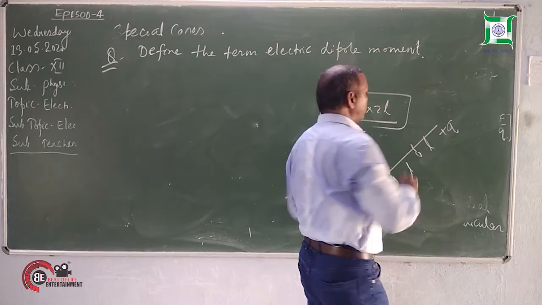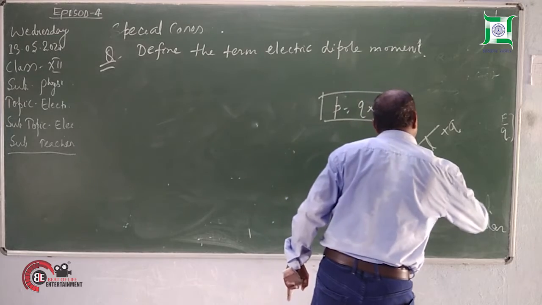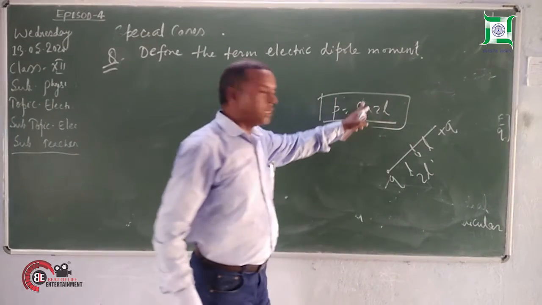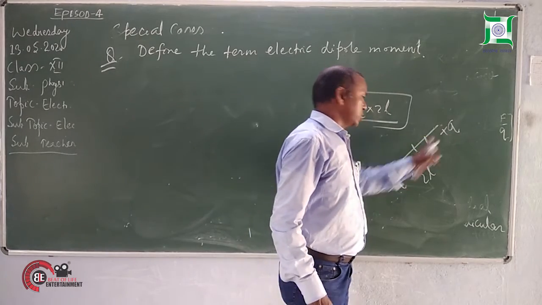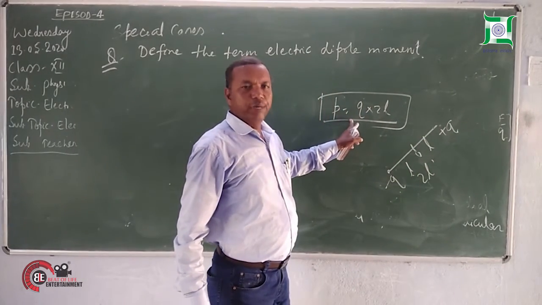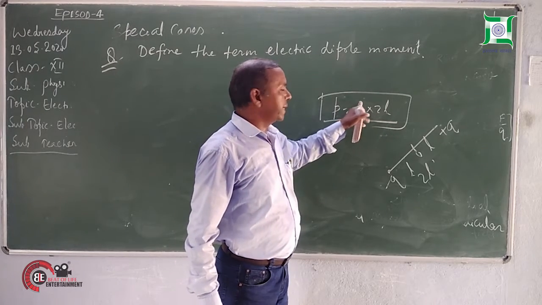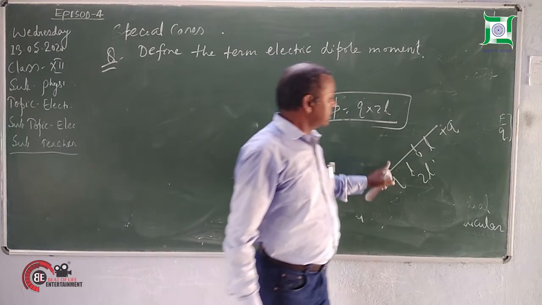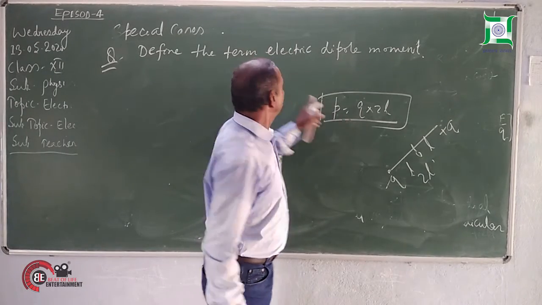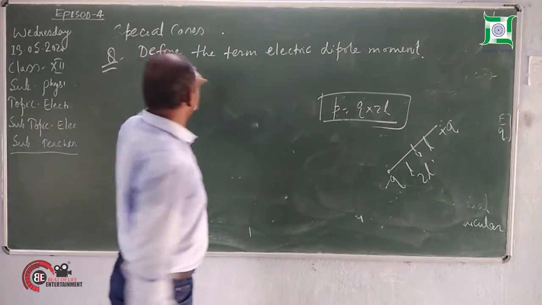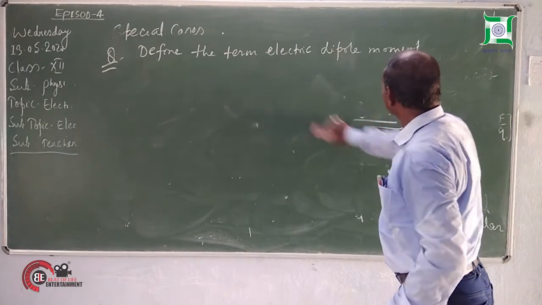O is the center of the dipole and the complete distance is 2l. So the product of the magnitude of any point charges and the distance between them is called dipole moment. If the question is asked to define the term electric dipole moment, then we can write this.